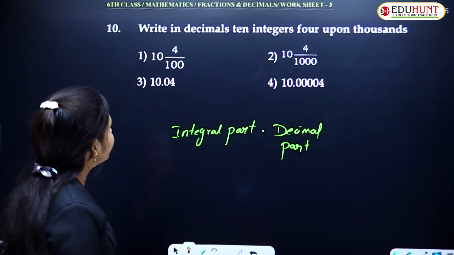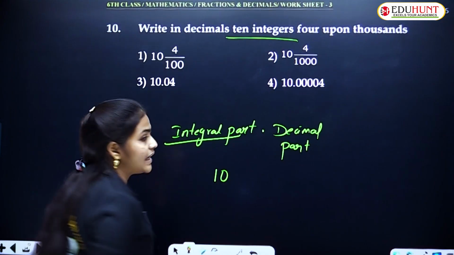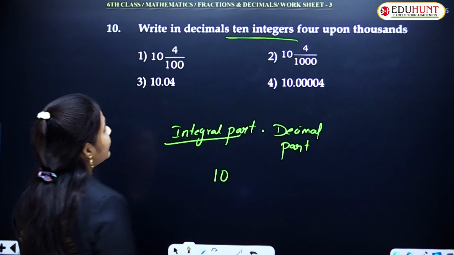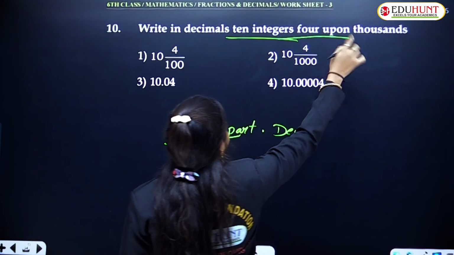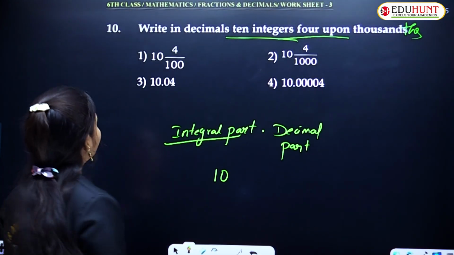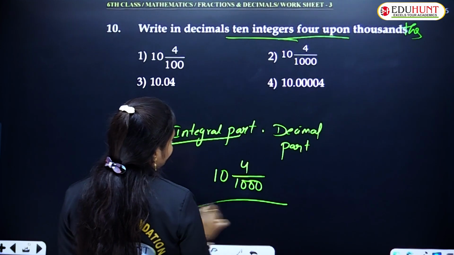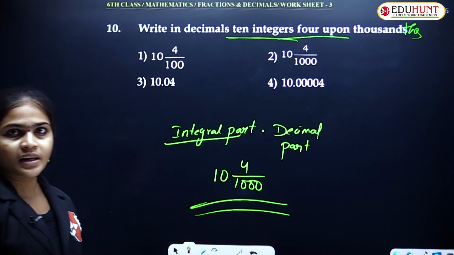Clear? The integral part they are saying is 10 integers, so 10, and in the decimal part 4 upon thousands. We can write that as 4 by 1000. Understand?